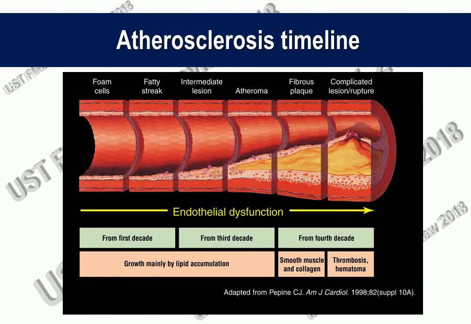If you take a look at the evolution of atherosclerosis, it actually takes years from the start of the foam cell, which develops into a fatty streak, and later on leading to the atheroma that leads later to plaque rupture and atherothrombosis.